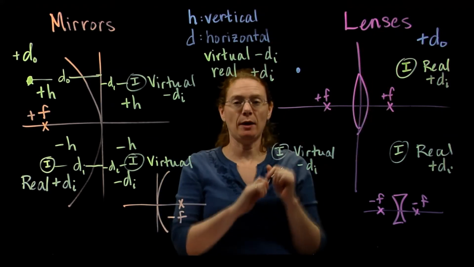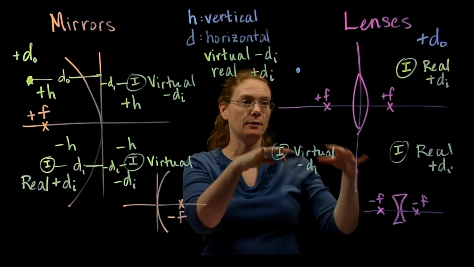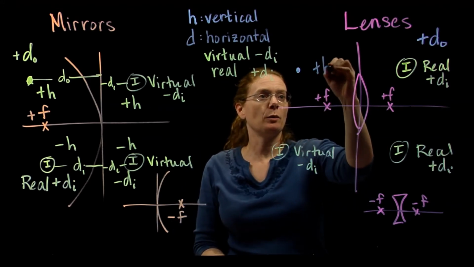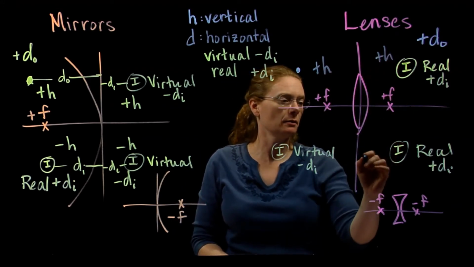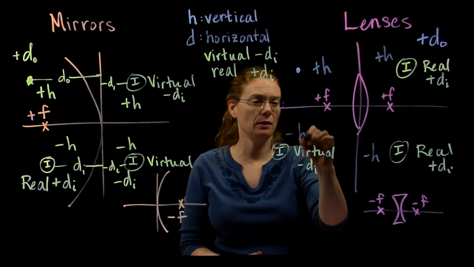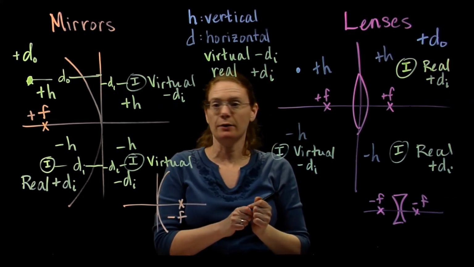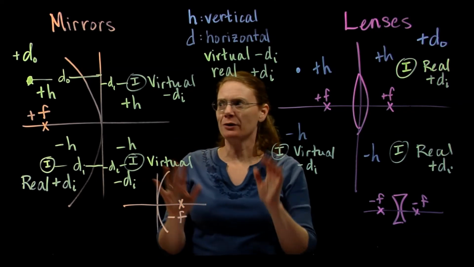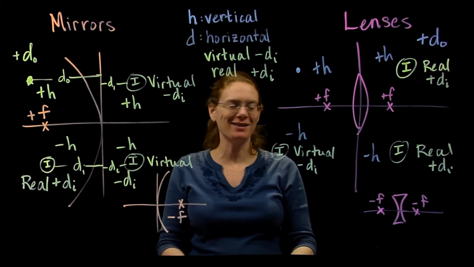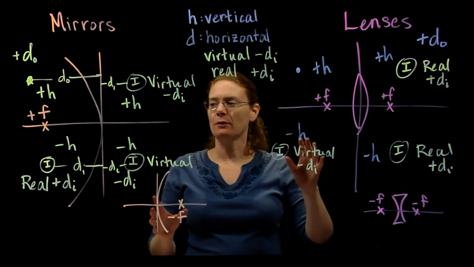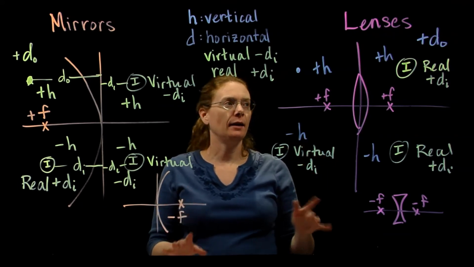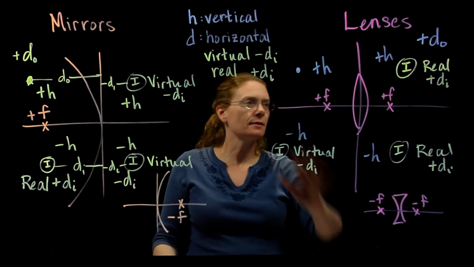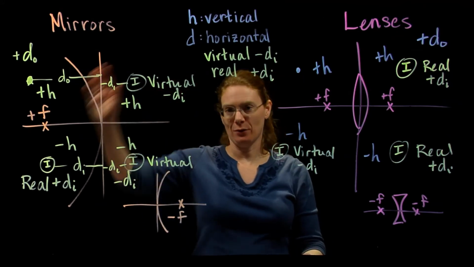Above the axis is a positive height. Below the axis is negative height. So this would be positive height, negative height, and anything into here would be negative height, whether it's image or object. So that's just a real quick refresher or a reminder, I guess, on how to figure out the signs of things in the different lens problems or the mirrors problems.